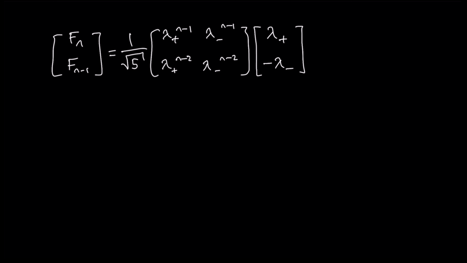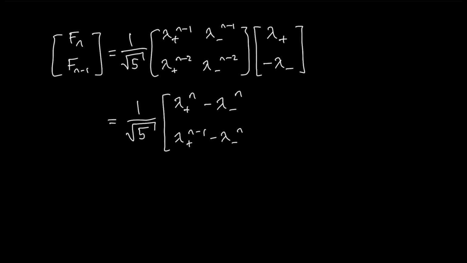So now we just do that final matrix multiplication, which is going to give us a column vector. And that column vector is going to be, our first element will be lambda plus to the n minus lambda minus to the n. And our bottom element will be lambda plus to the n minus 1 minus lambda minus to the n minus 1.